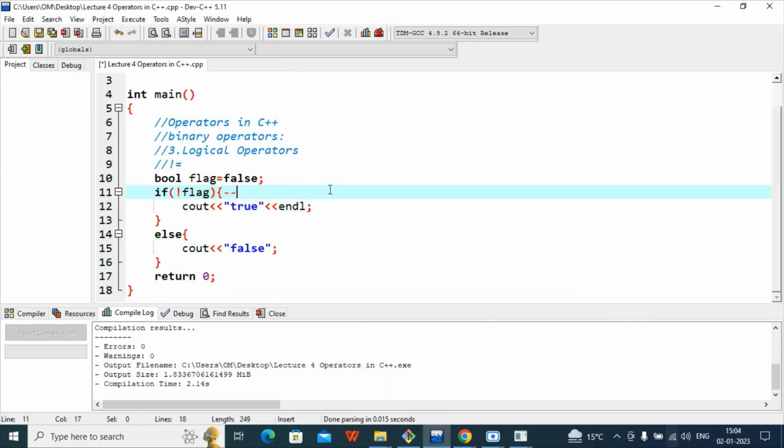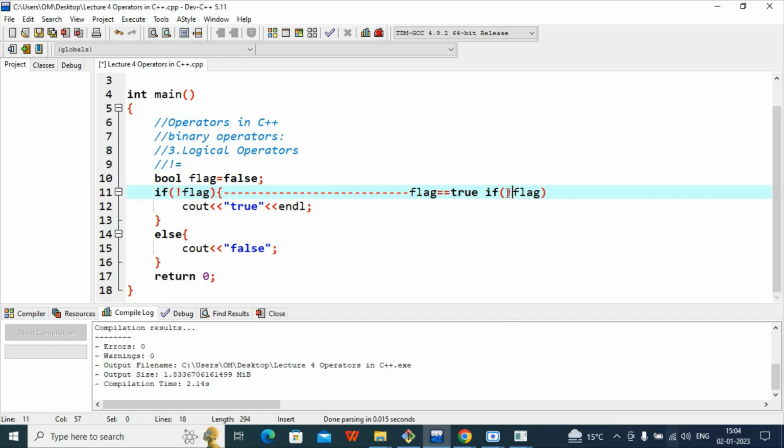So what I concluded from this teaching is, if you have to check boolean flag equal to true, simply check if flag. It will automatically assume that the flag is not 0, it is something, it is 1, it is true. Automatically it will give you the answer.